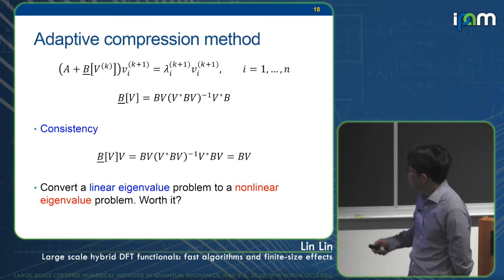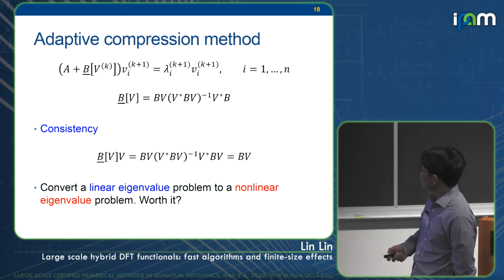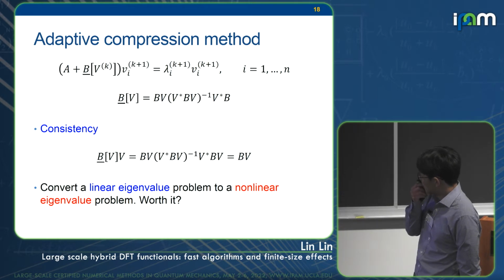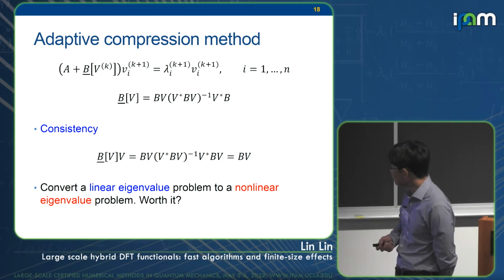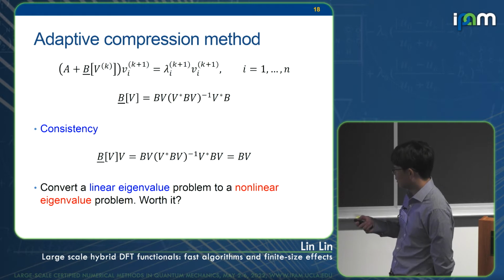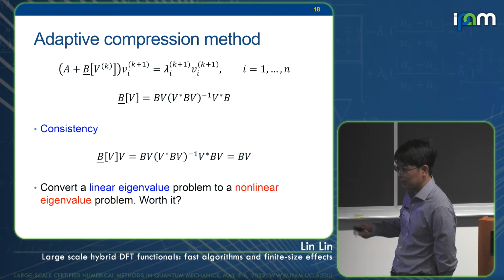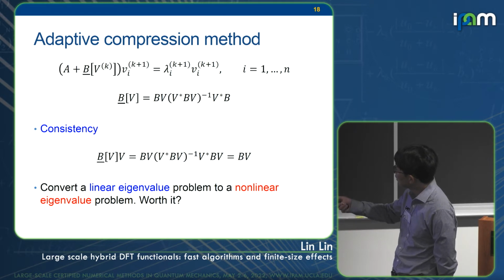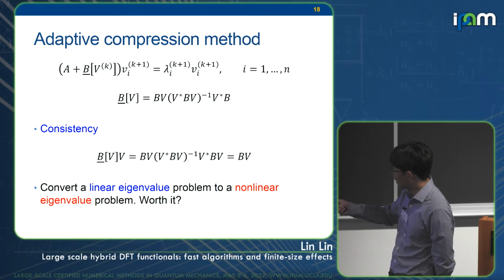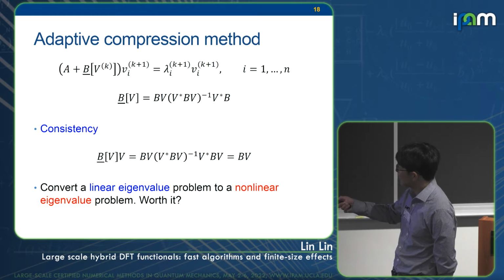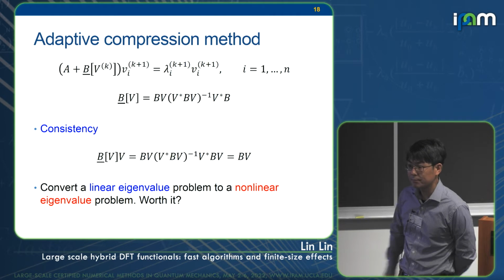Right? So now what I want to do is to construct the following iterative procedure. You convert a linear eigenvalue problem to a nonlinear eigenvalue problem because you iterate on this V. So at the kth outer iteration, you solve this modified linear eigenvalue problem, which is A plus a low-rank matrix, and figure out the eigenvalues and eigenvectors.